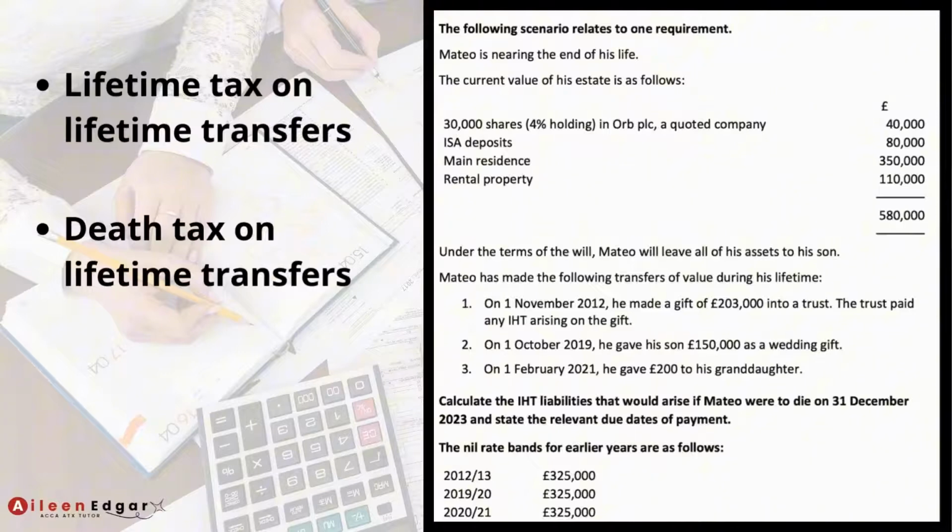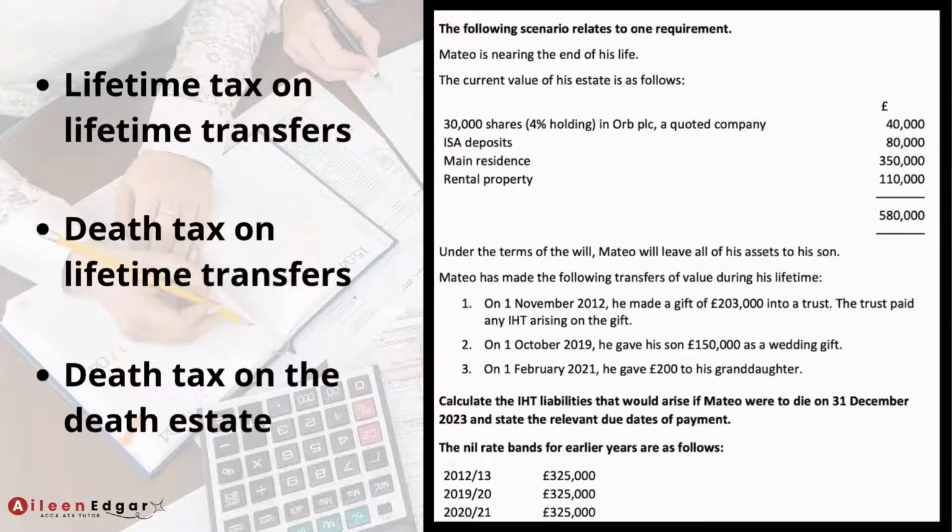And then we're going to look at the third element of inheritance tax computations, which is death tax on the death estate. So this is a brilliant question for us to walk through together, because you're going to see all three of those stages in this question, and it's going to help you see the big picture for an inheritance tax computation.